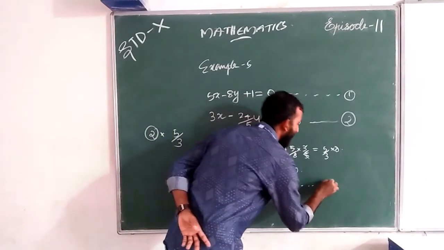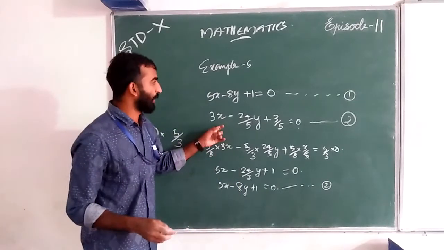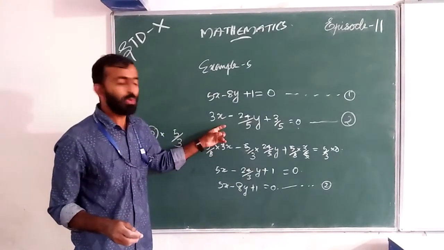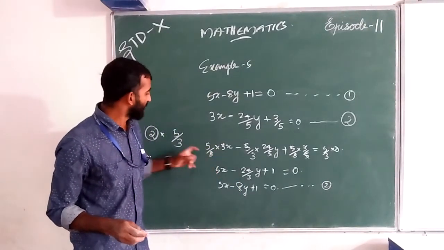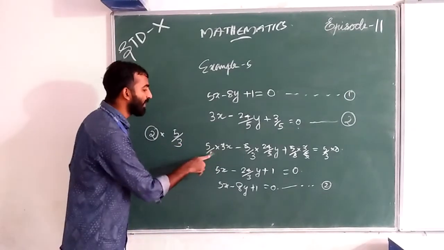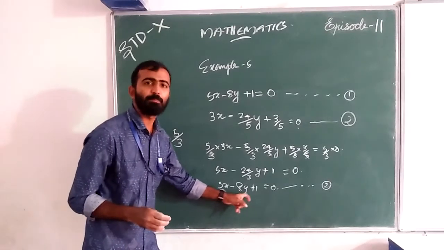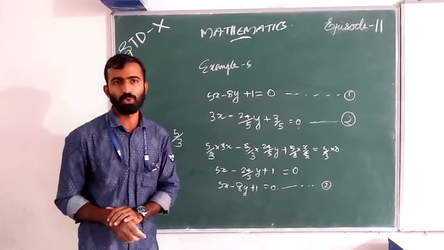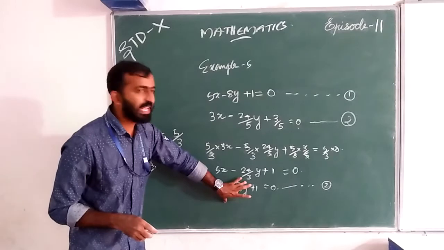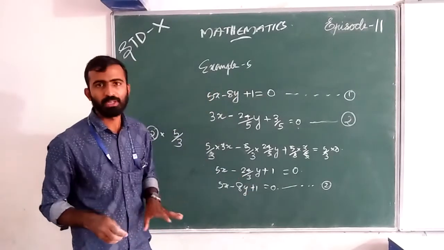When we multiply equation number 2 by 5 by 3, we get 5x minus 8y plus 1 equal to 0. This is the same as equation number 1.